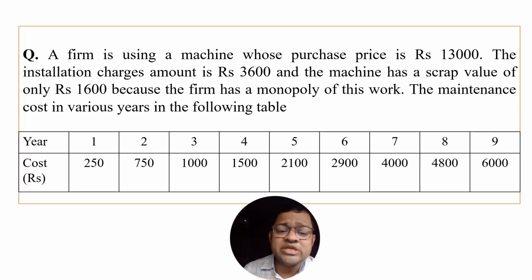The installation charges amount to 3,600, and the machine has a scrap value of only 1,600 because the firm has a monopoly of the work. The maintenance cost in various years is highlighted in the following table. In the first year it is 250, second year 750, third year 1,000, and in the ninth year it is 6,000 rupees.